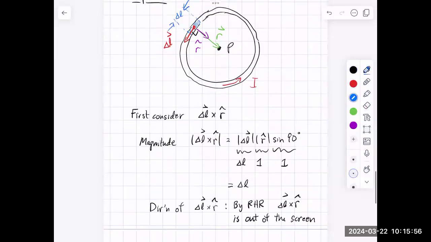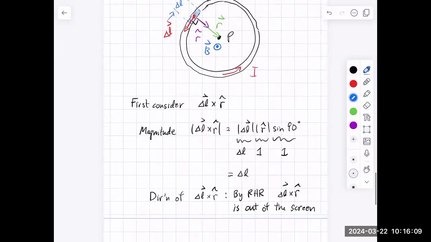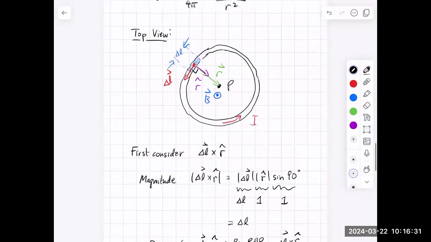Okay, so then we could go over here and say the magnetic field is going to be out of the screen at P, so we'll draw that little arrow tip coming towards us. All right, the last thing we need to do, if we want to find the total magnetic field, is plug all our results into the Biot-Savart law. So B due to current segment i is going to be mu naught over 4 pi, the constant out front.